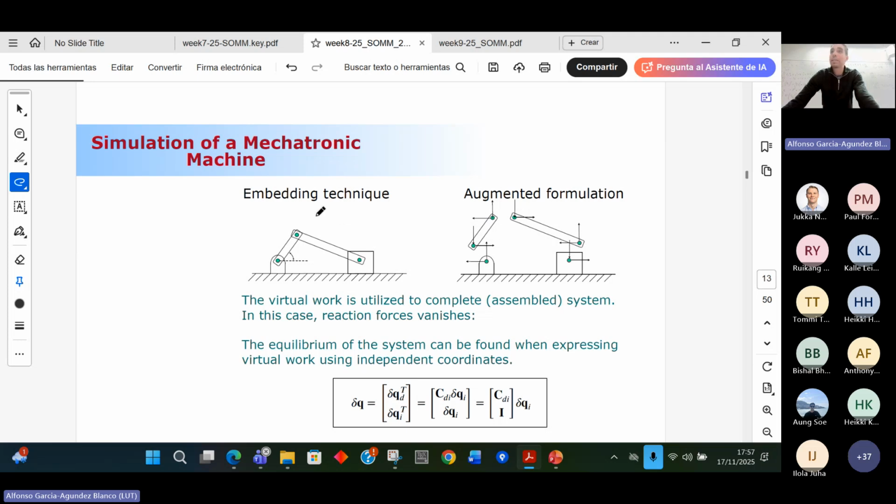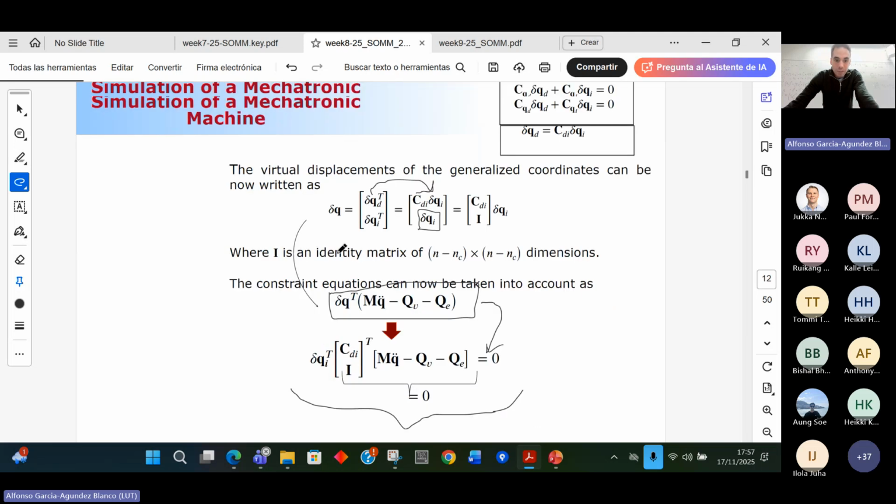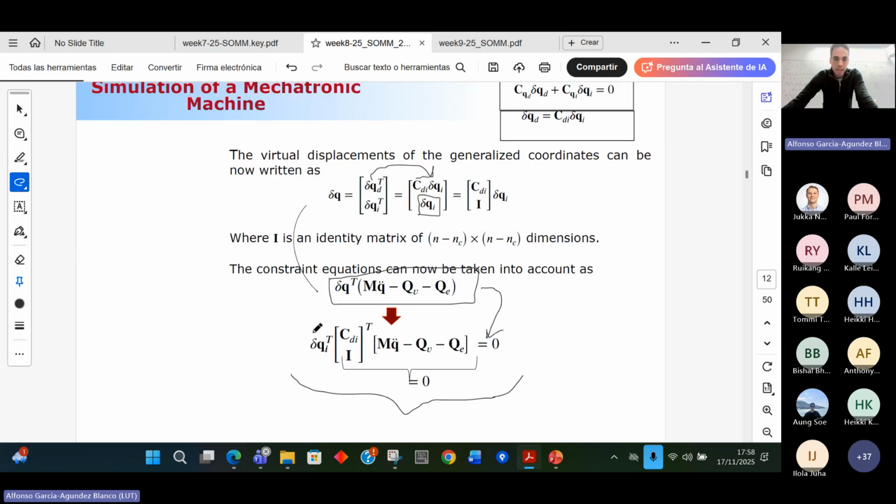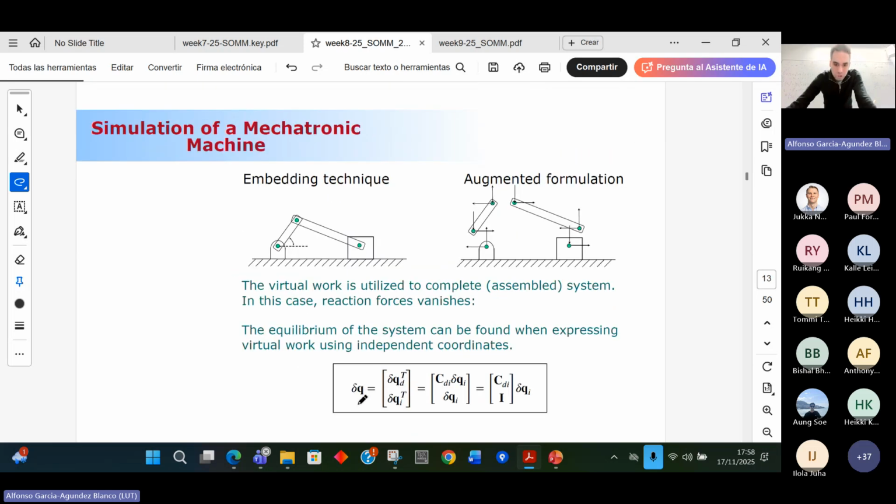In the embedding technique, since we have expressed the delta Q only in terms of the independent ones, you don't have the term CQ transpose lambda, the reaction forces. That is why you don't have the reaction forces in this picture, because we are not considering the lambdas. And remember, this would be the equation of motion using the embedding technique.